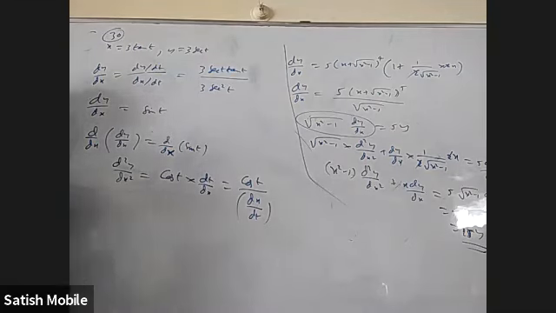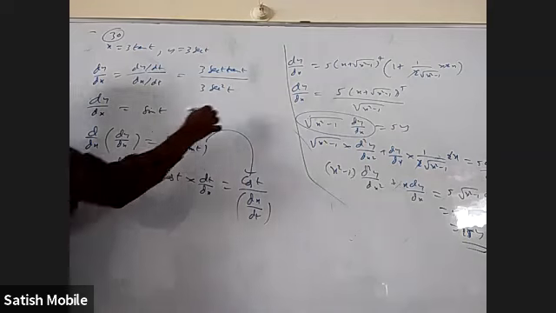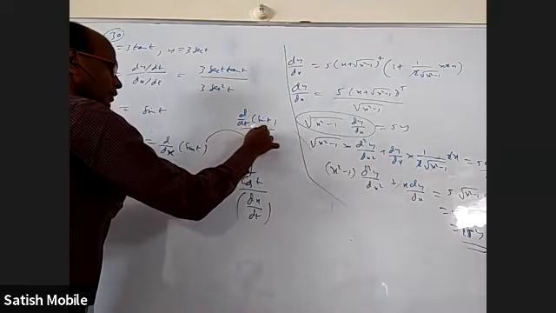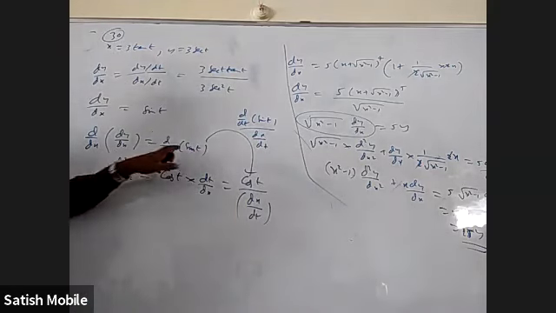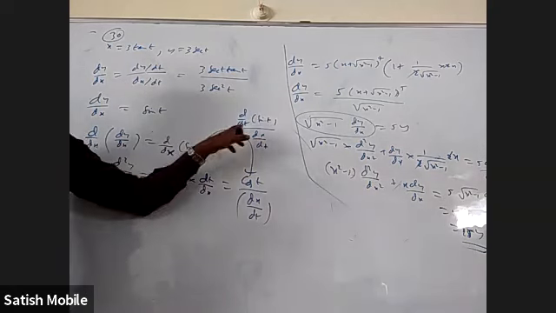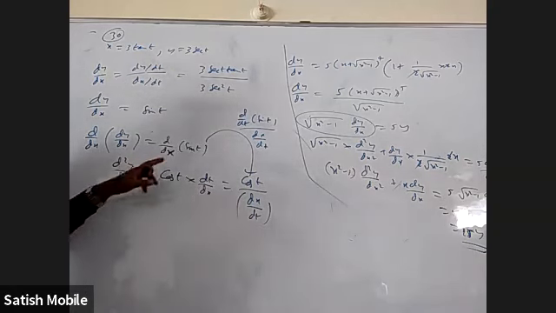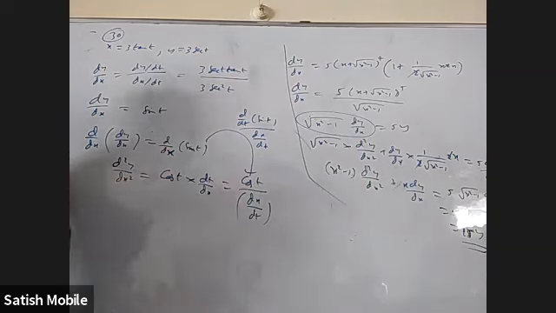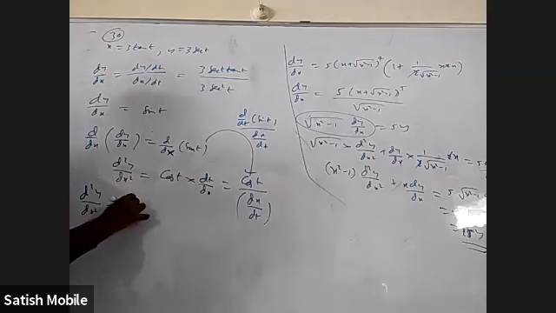Otherwise you can do another way, from here you can write d by dx of sin t as d by dt of sin t by dx by dt also. If you call this L, dL by dx, you can write dL by dt by dx by dt. You can do like this from here, or directly sin t derivative cos t and inner part of t derivative dt by dx. Either way is okay.